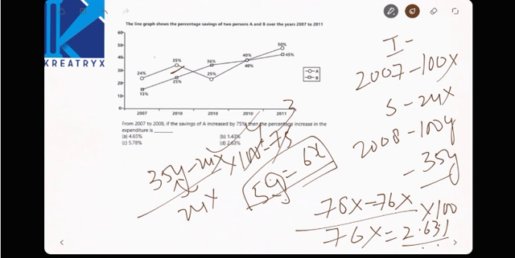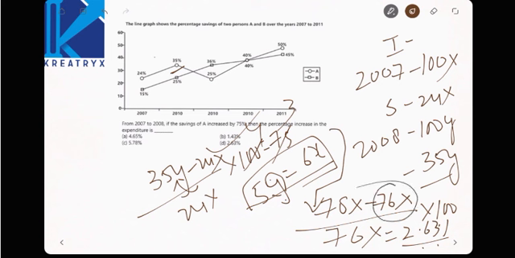So you have to find out increase in expenditure, right? Now see here, what is the increase in expenditure? In 2007 the expenditure is, savings are 24%, so the expenditure must be 76%. See here, right?